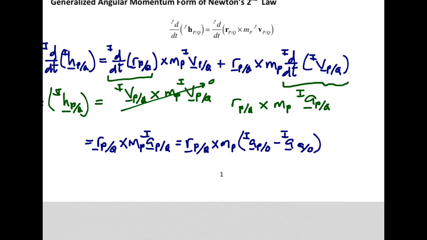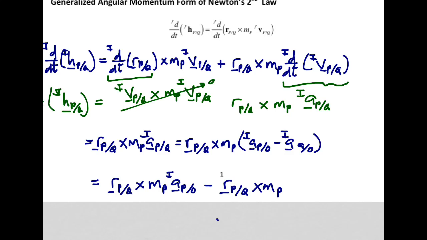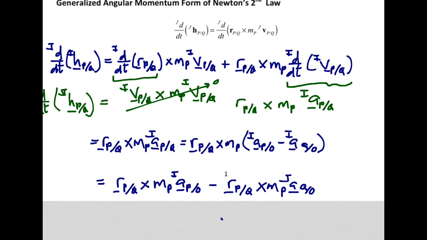And so if we come back down to our expression and separate these two parts, then we get r of P with respect to Q crossed with the mass multiplied times the acceleration of P with respect to O in the inertially fixed reference frame, minus r of P with respect to Q cross with the mass multiplied times the acceleration of Q with respect to O in the inertially fixed reference frame.